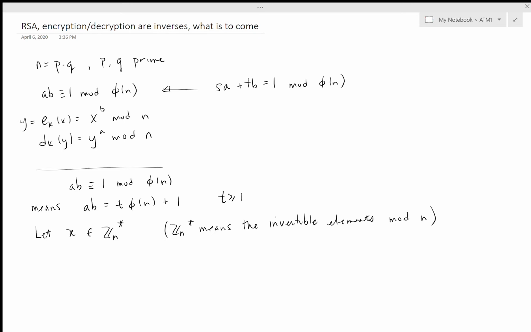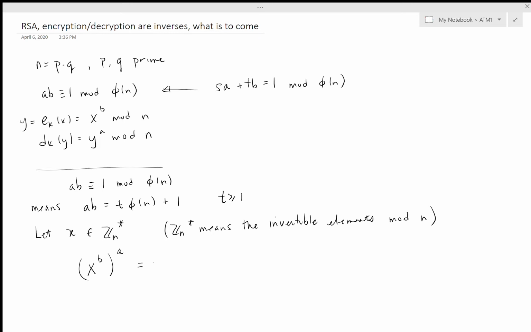Now we are going to take our encrypted x, which looks like x to the b, that's y, and then we apply the decryption algorithm to it. What we want to show is that when I do that, I get back x, because that means the two functions are inverses, and my decryption function will undo my encryption function. So what does this look like?